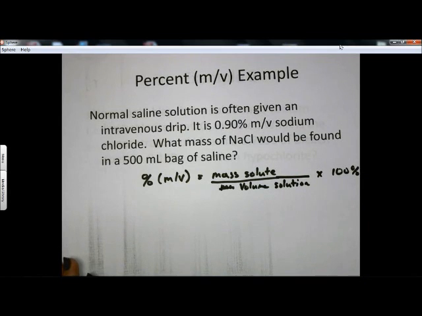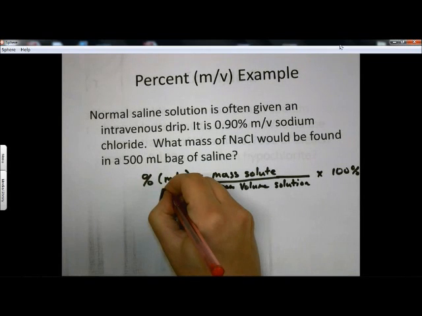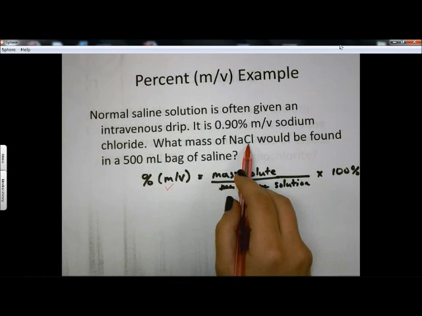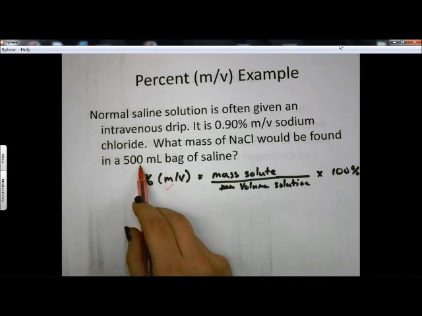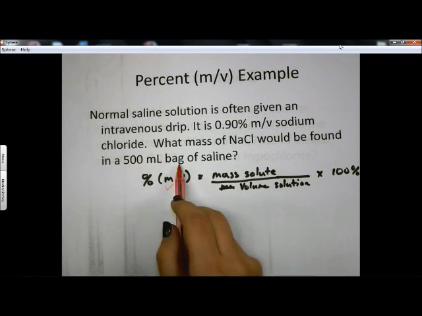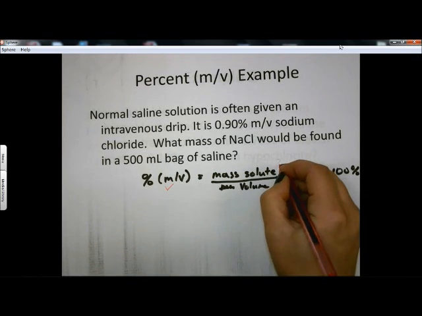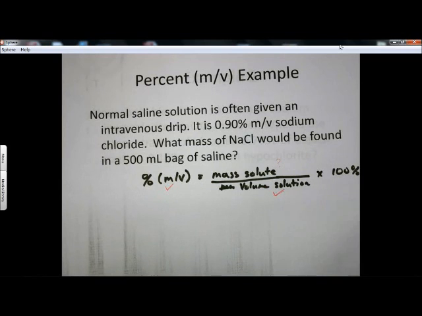In this calculation, I have been told what my percentage is. So my percentage is a known quantity. My volume, what mass of NaCl would be found in a 500 milliliter bag of saline? Well, that bag of saline is my solution. That's my volume of solution. This is my unknown.